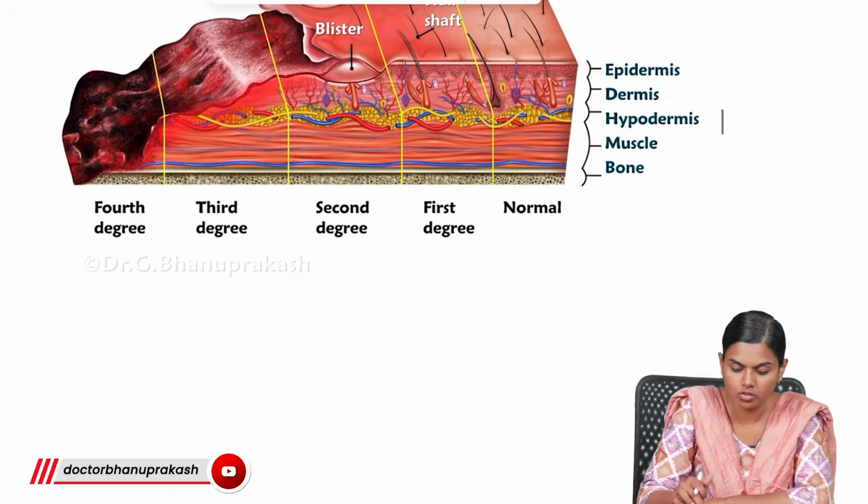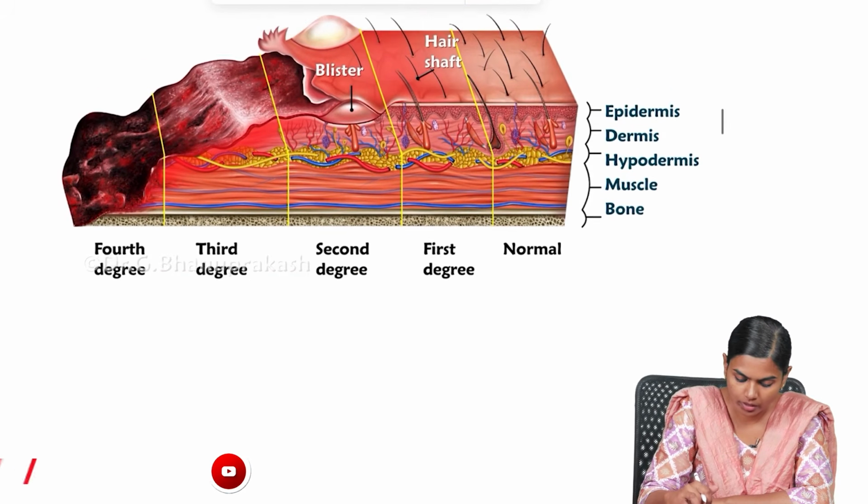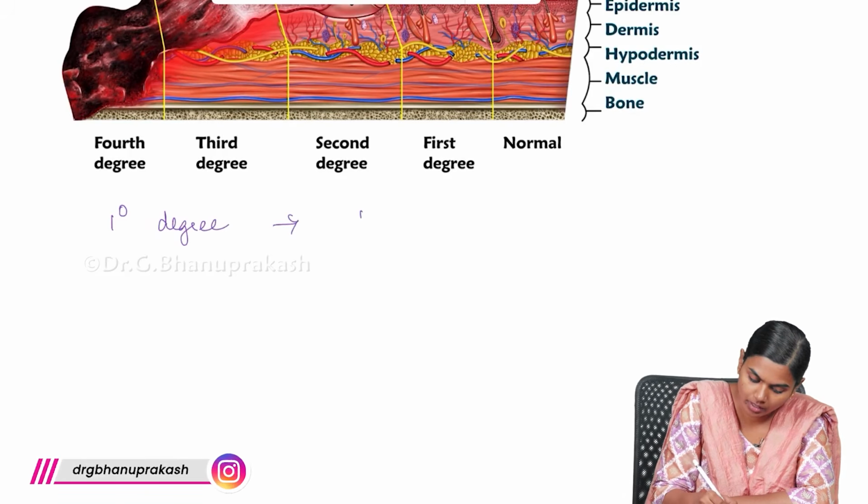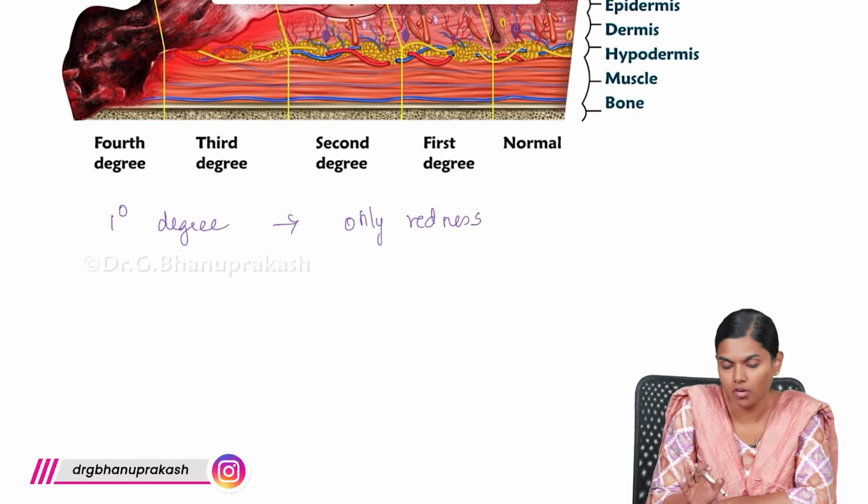So according to Dupuytren's classification, you get first degree, where there will be only redness, no other changes except for redness.